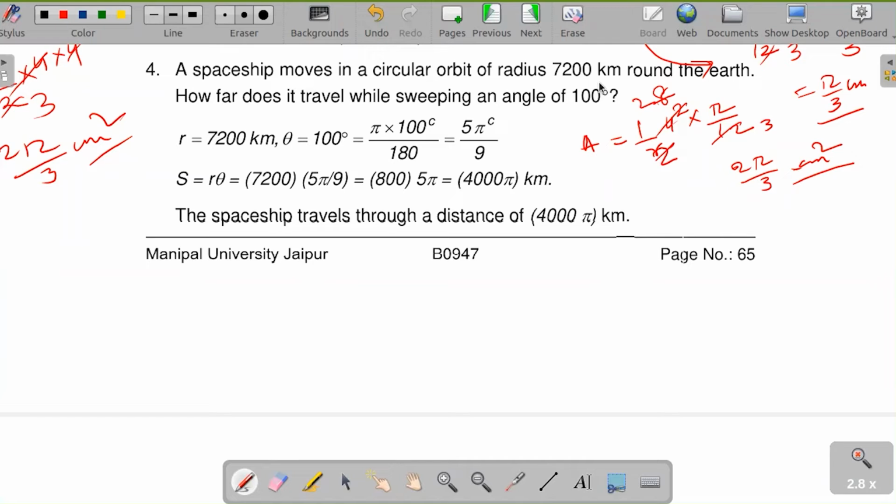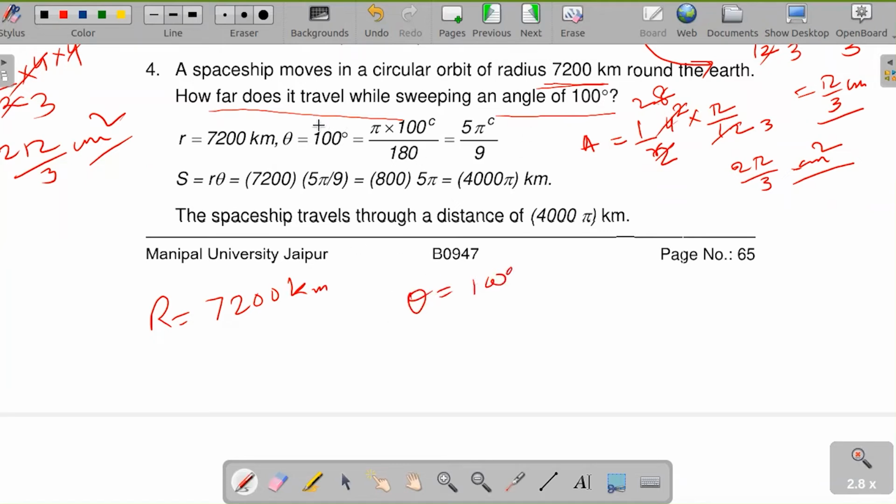Okay. So next question: a spaceship moves in a circular orbit of radius 7,200 kilometer around the Earth. How far does it travel while sweeping an angle 180 degree? Clearly mentioned here radius. So R is 7,200 kilometers, and angle theta is 100 degree.